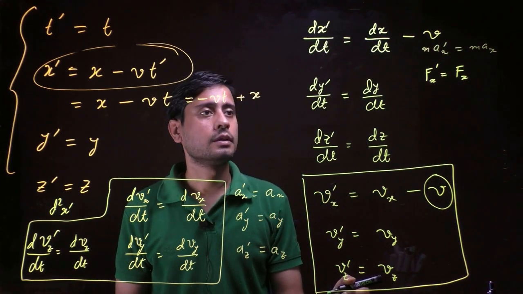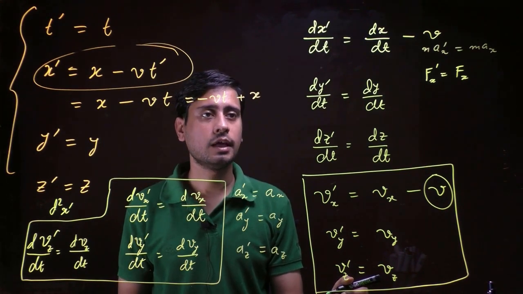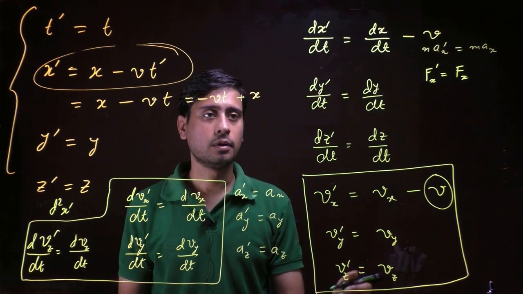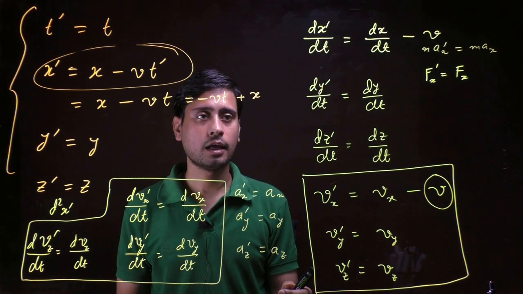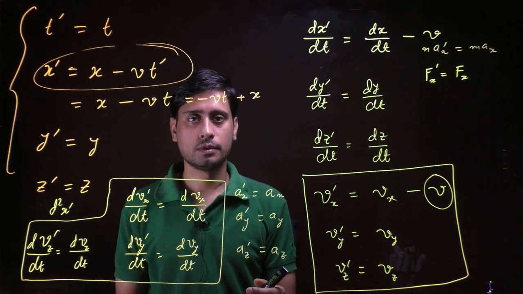And in Galilean transformation, we assume that the masses are absolute. It doesn't change with the observer.